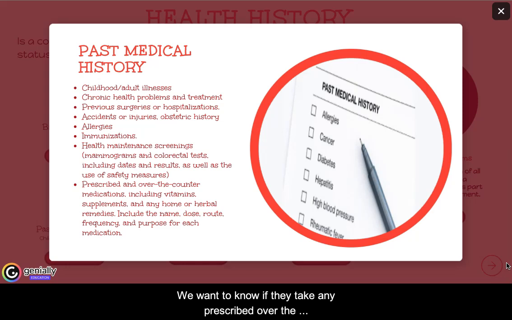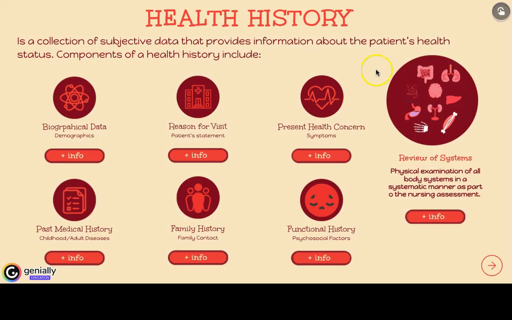We want to know if they take any over-the-counter or prescription medications, including vitamins, supplements, or any other home or herbal remedies. We basically do a medication reconciliation. We collect all that information from the patient.